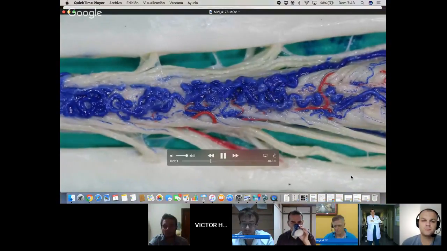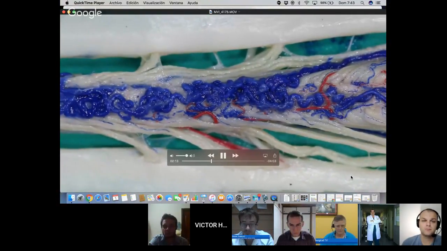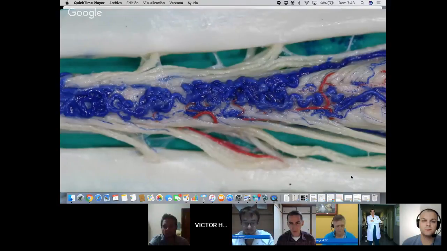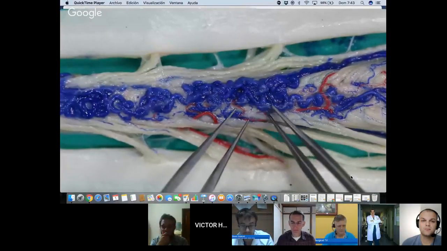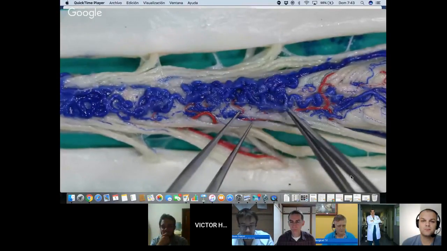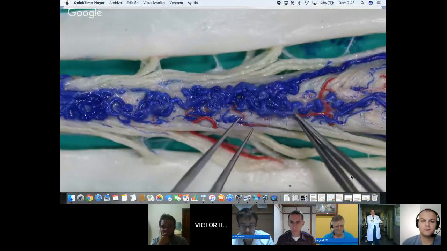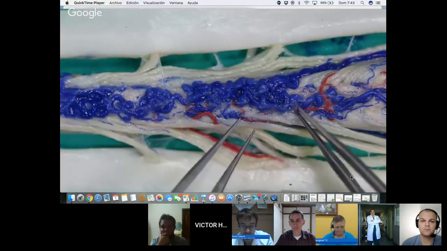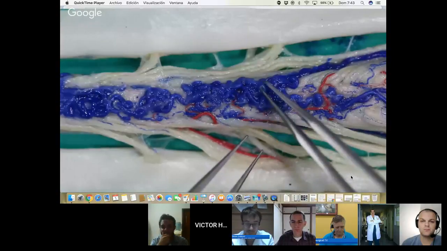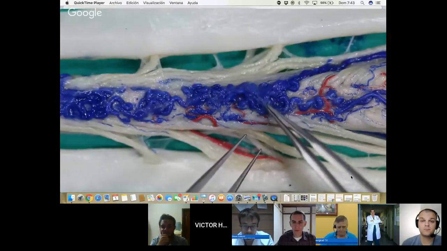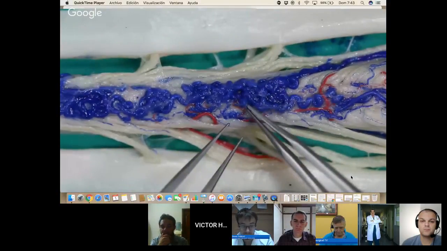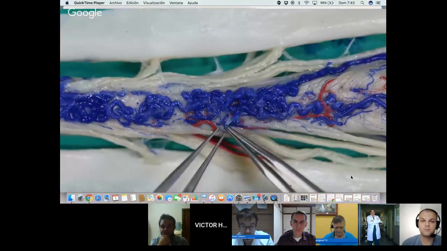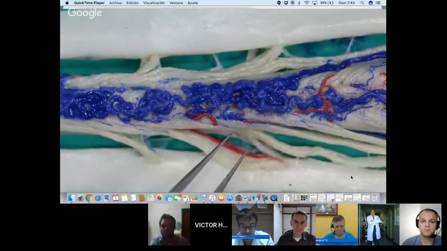This is really interesting. This study was made in 50 spinal cords because it's difficult to have the measures of each vein or the arteries. So although I have 150 spinal cords injected, we are going to publish these figures in 50 spinal cords.